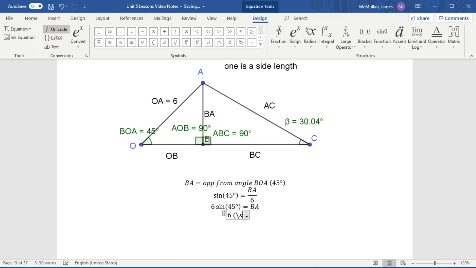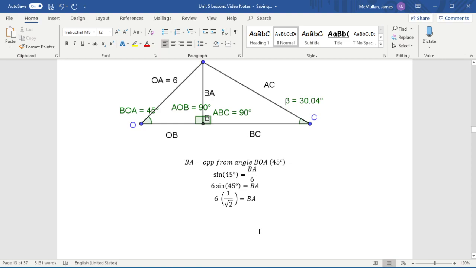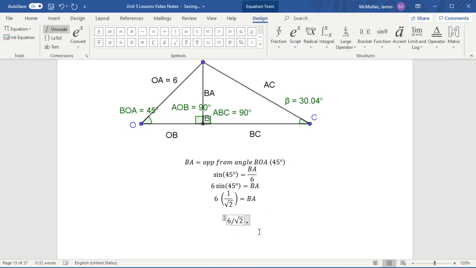Okay, doesn't work if you do it that way. Okay, 1 over square root 2 is that, right? So you get this is equal to BA. So we can just make that a little bit simpler. If we just go 6 over square root 2 is the side length BA.